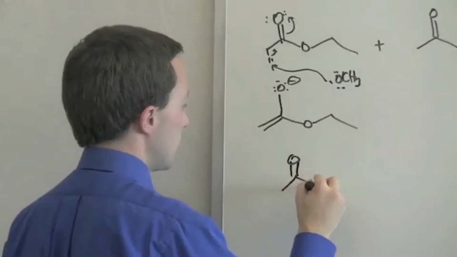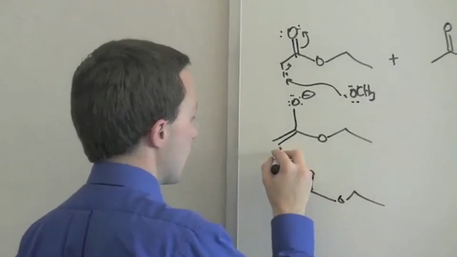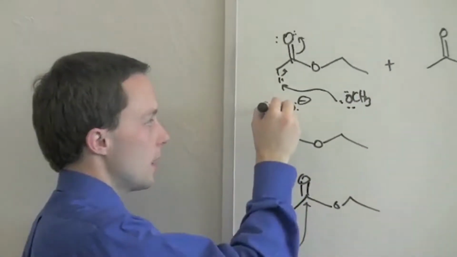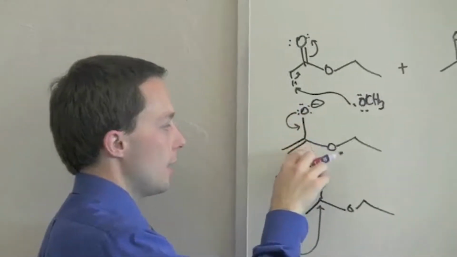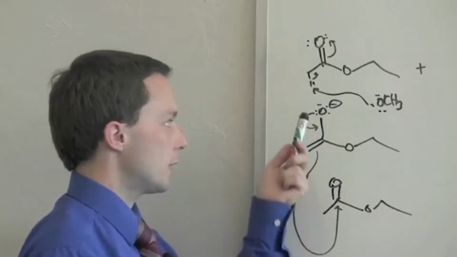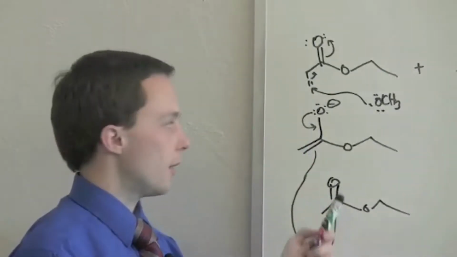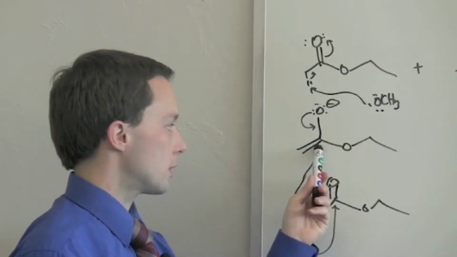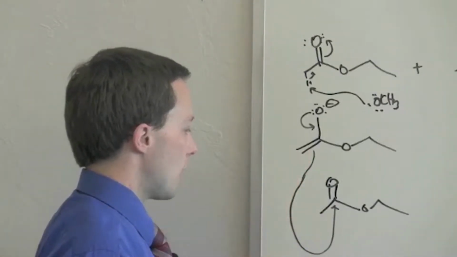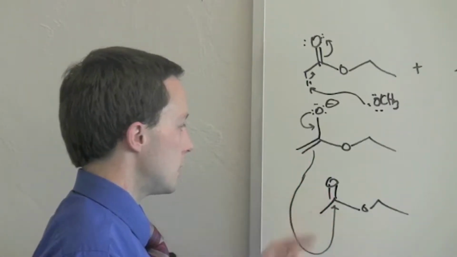The enolate will then attack this position. But why does it attack that position? Because we dropped electrons down to here, and this bond had to break. The weakest bond always breaks when we move bonds around, and the weakest bond is this pi bond of the enolate. And so this will go out and attack this position.